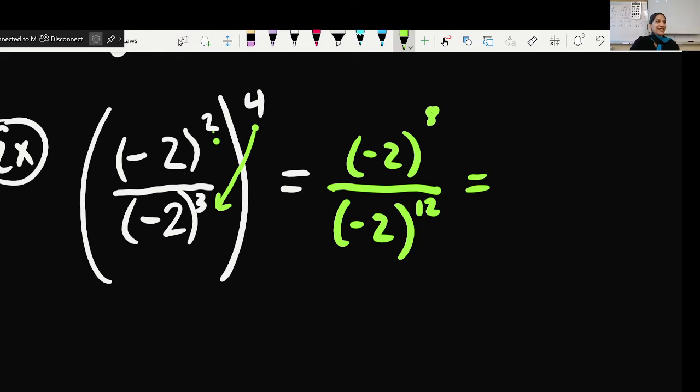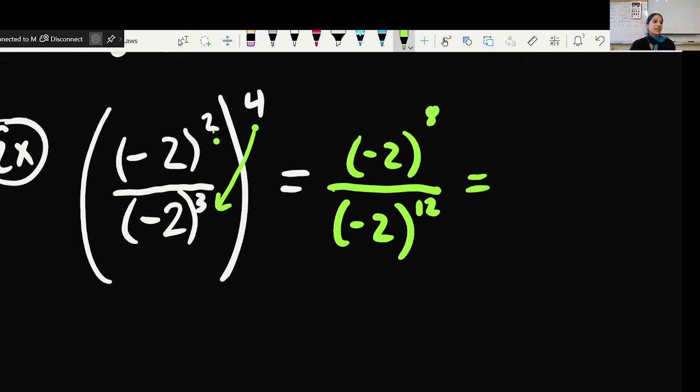Anybody? Alex? I'm sure we have to first divide exponents before we simplify. Oh, we can do that. Either one is acceptable. So we could have subtracted these within the brackets first and then multiplied by 4, or we could do it this way, where we multiply by the outside exponent first and then simplify it.